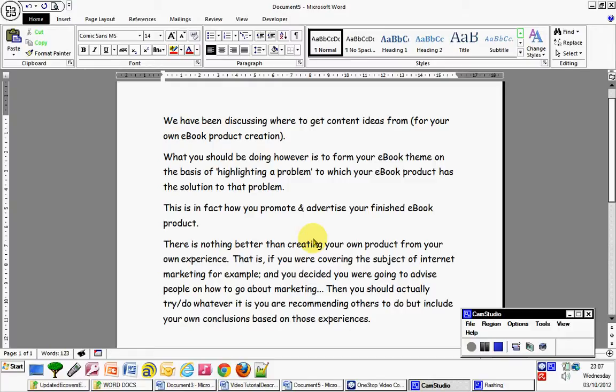But my point here is, if you were basically trying to use someone else's system, okay, fine, that's okay. But if you were to actually try that system for yourself, from that experience you can input that into your own product. You would have learned something from it, and it's those things that will really add to the popularity and the quality of your book.